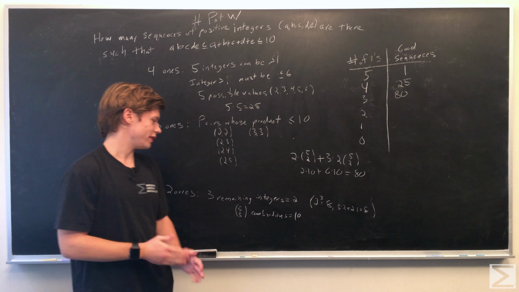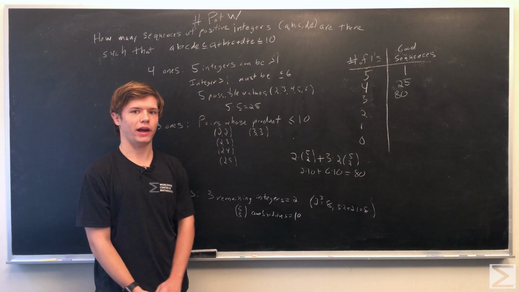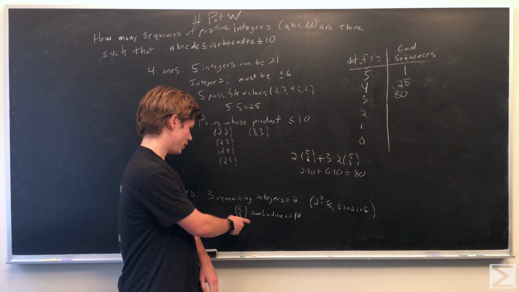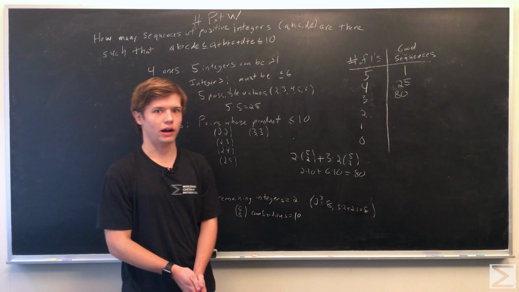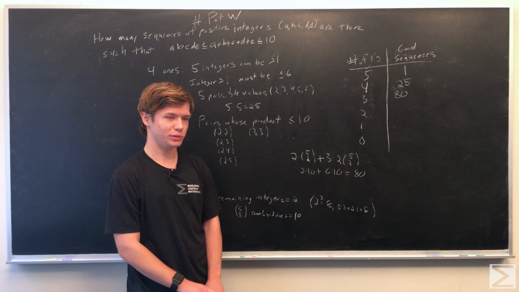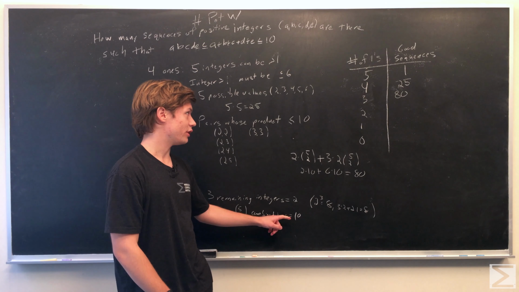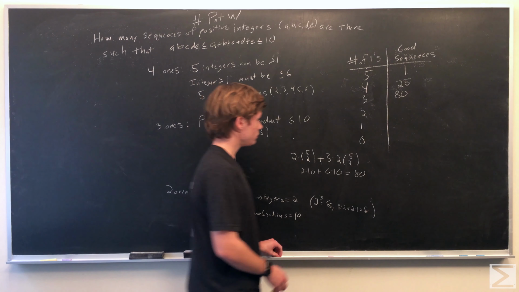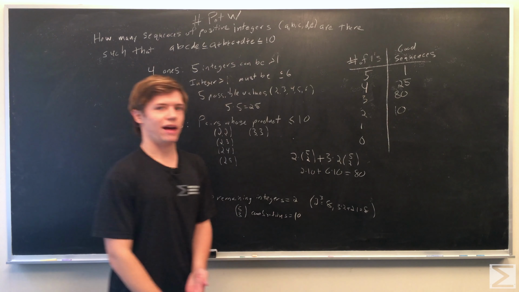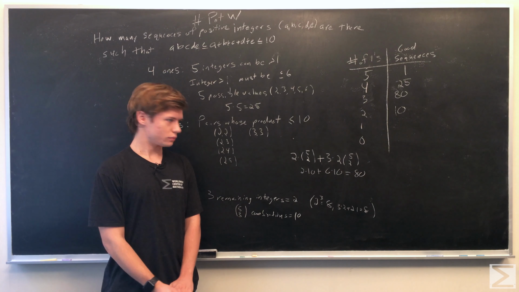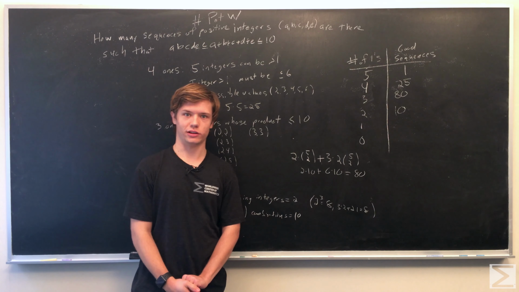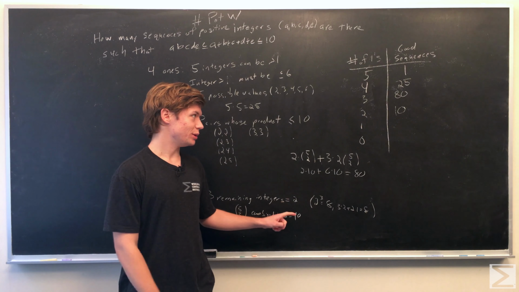So again, just writing it all down, we can only have 2, 2, and 2 as the remaining integers. And there are 5 choose 3 sequences with 3 twos and 2 ones, so the number of good sequences is equal to 10. The only way that works with the 3 remaining positive integers is if they're all 2.